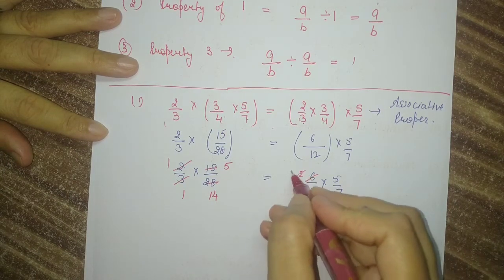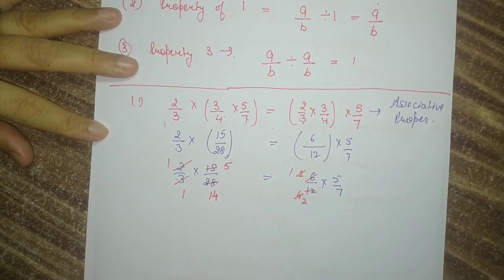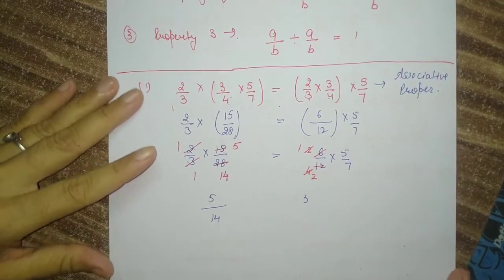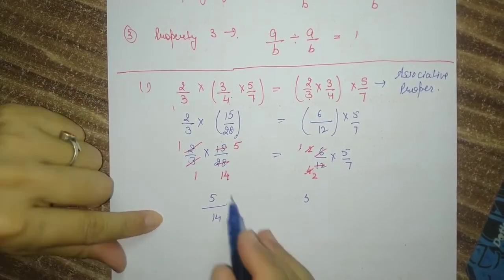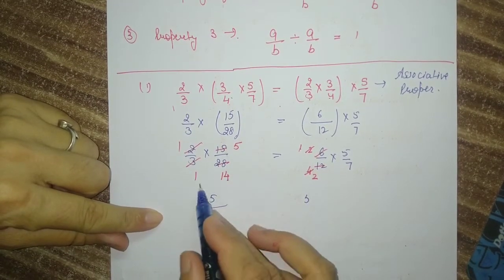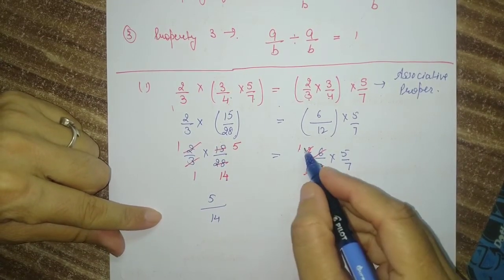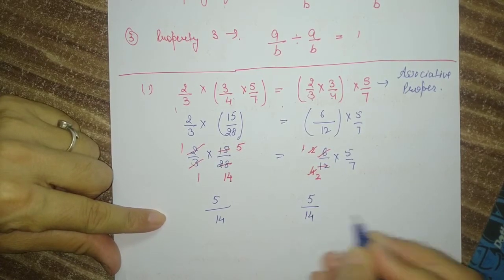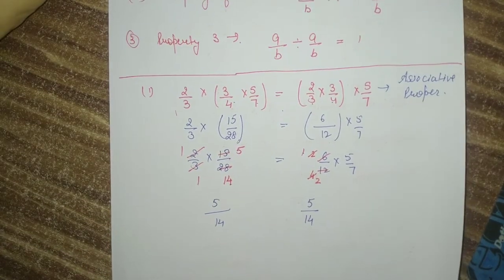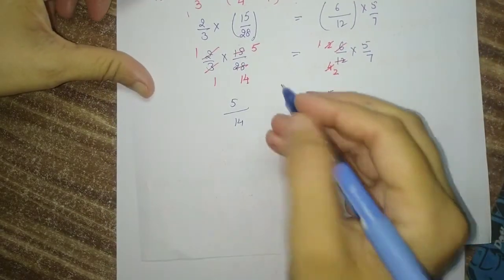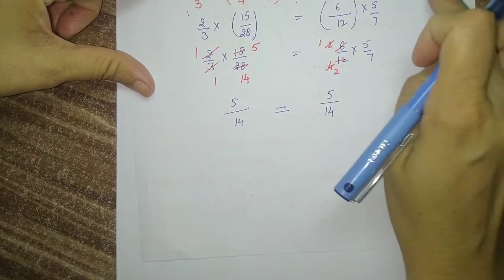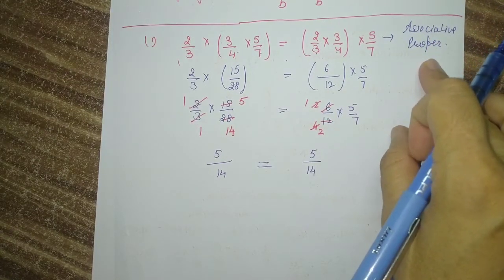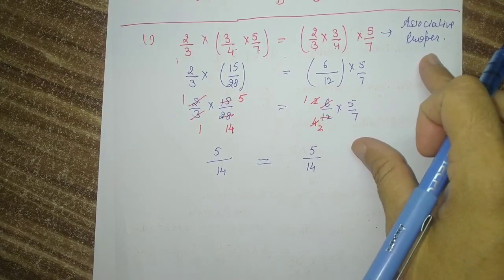Then again it is possible: 2 ones are 2, 2 twos are 4. Now we get 5 times 1 is 5 and 14 times 1 is 14. Same here, 5 times 1 is 5 and 7 times 2 is 14. Now student, what do we observe? In both cases the result is the same. That means the associative property is applicable here, and we have proved that this is the associative property.